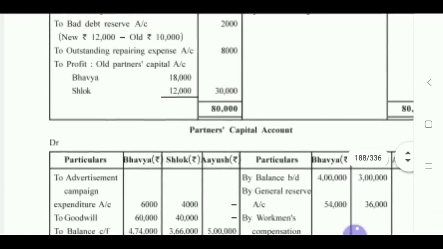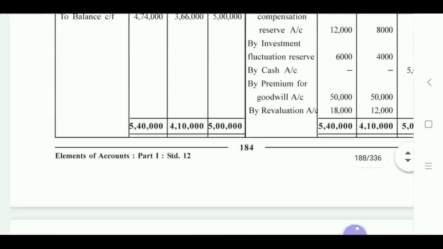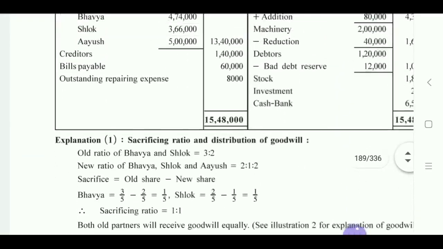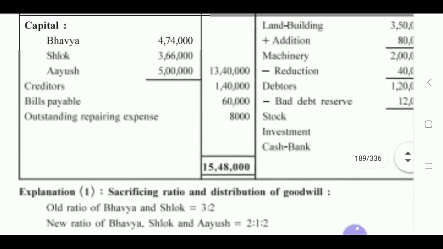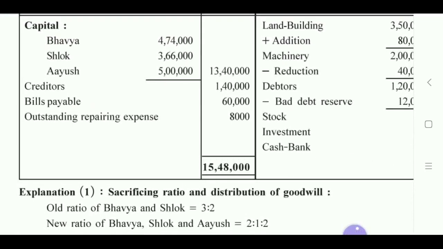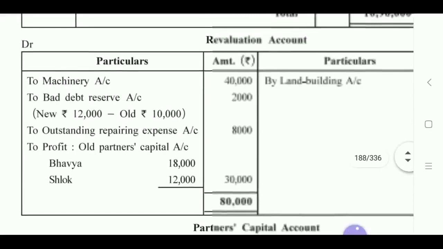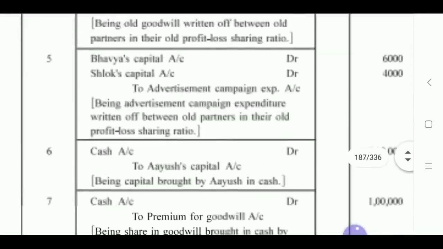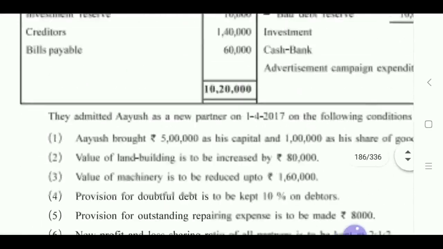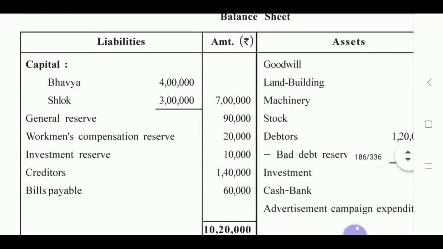And outstanding expense of course is a liability, and that is the reason it is written here. Yes, I guess you understand this. We have learned this in 11th standard final accounts. Yes, fine. Then moving towards the asset side of the balance sheet in the question, we are done completely with the credit side.